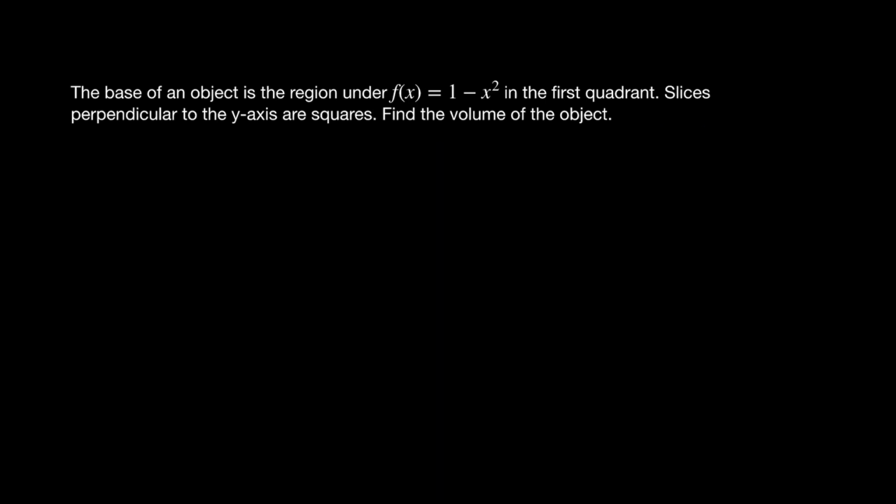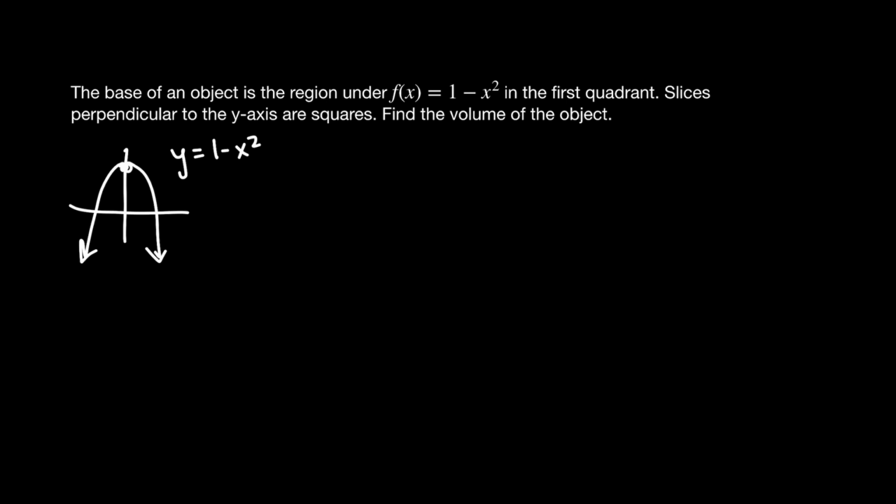Here's another example. The base of an object is under the region f of x equals 1 minus x squared in the first quadrant. Slices perpendicular to the y-axis are squares. Find the volume of this object. Once again, I'm going to start by drawing a picture.